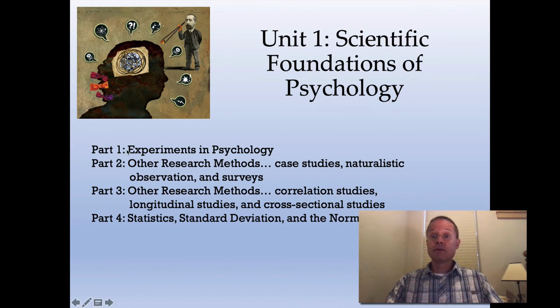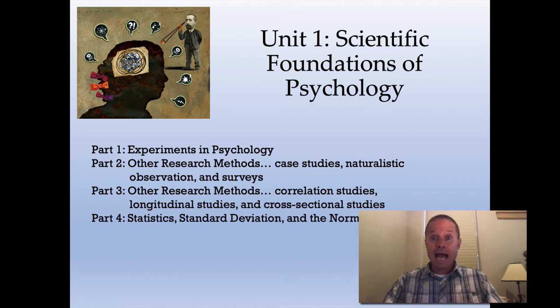There's going to be several videos to cover this unit, and this tells you what's in each video. So today's screencast is going to be about experiments in psychology. So let's get started. First of all, we're going to learn tons of actual experiments that have been conducted that are really famous in psychology, that have revealed all kinds of fascinating aspects of humanity.